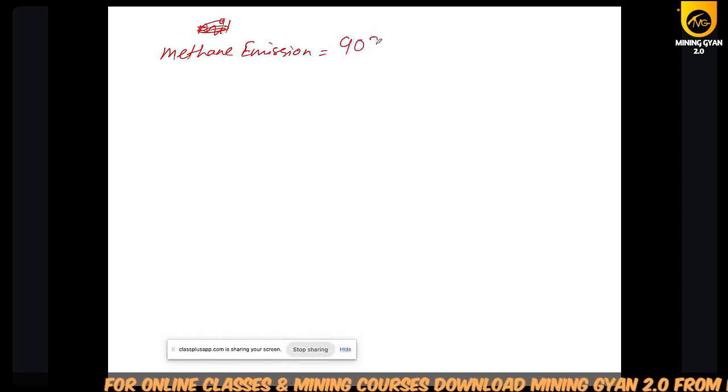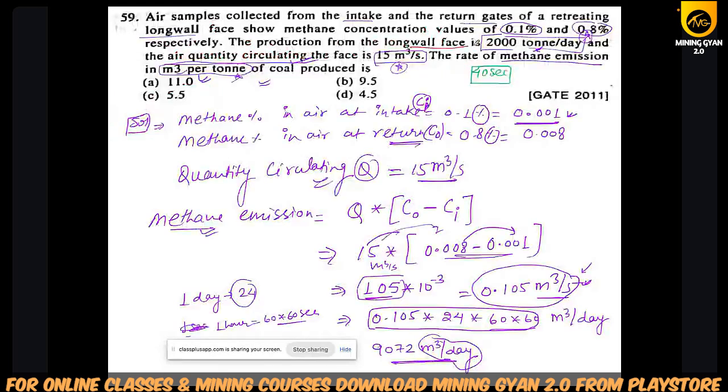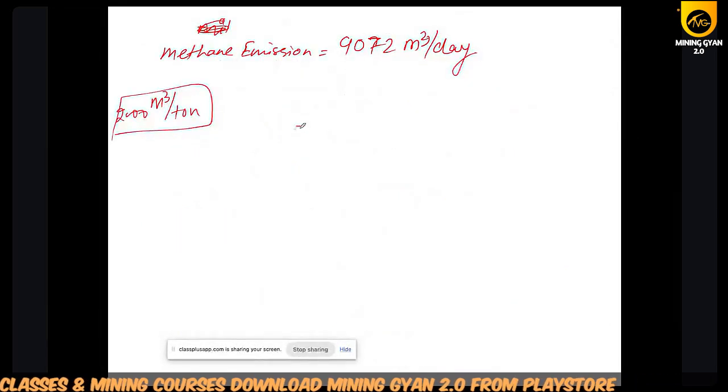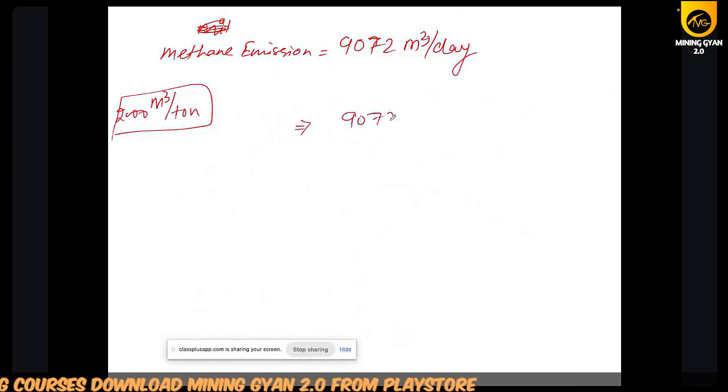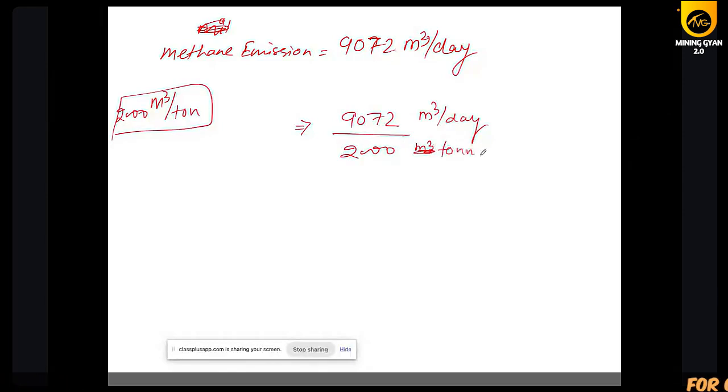We have calculated 9072 meter cube per day, but we have to find out in meter cube by ton. क्या दिया गया है कि the production from the longwall face is 2000 ton by day, so you can divide 9072 meter cube by day divided by 2000 ton by day.